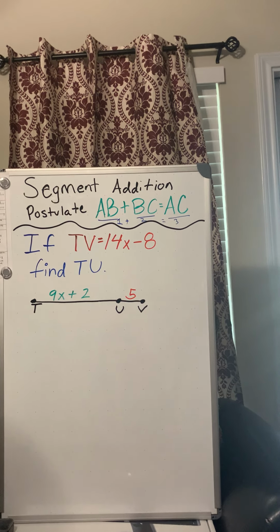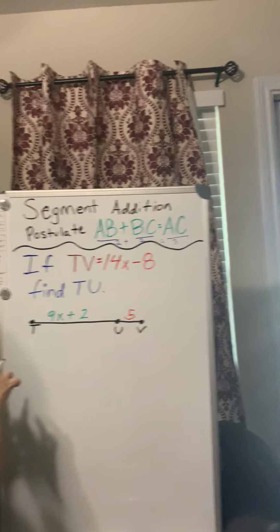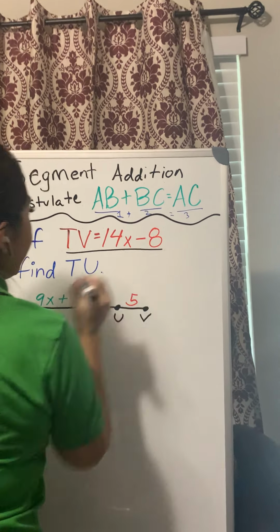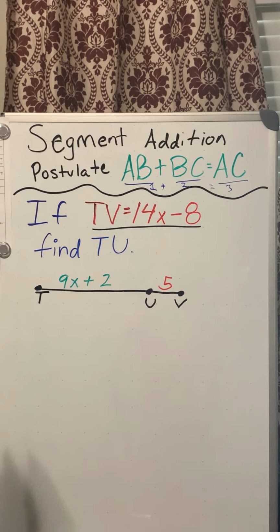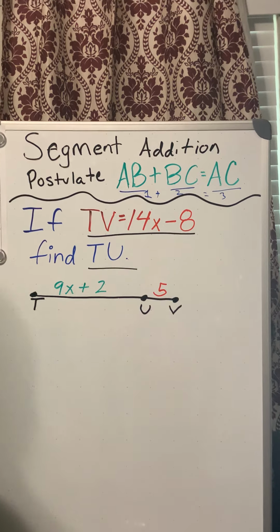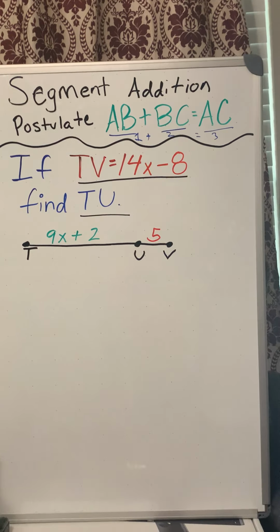In this next problem, number 4 in the handout that says examples in your file section, it says if TV equals 14x minus 8, go ahead and find TU.